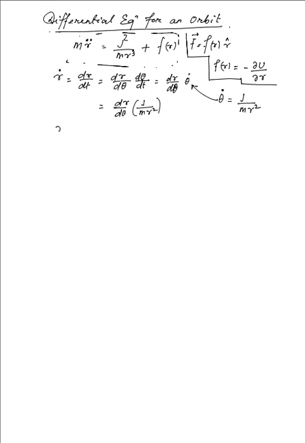Now further taking the double derivative of it, what we can obtain is d by dt of this term. This is a constant term and can come up front, and what remains there is dr by d theta. I can just do a few adjustments over here.